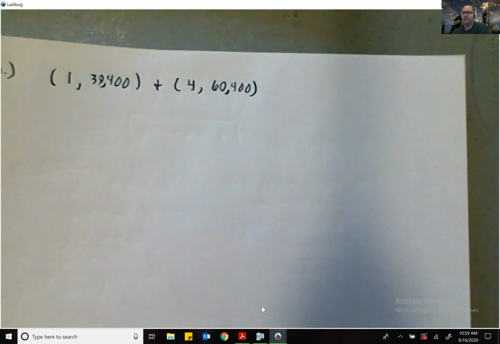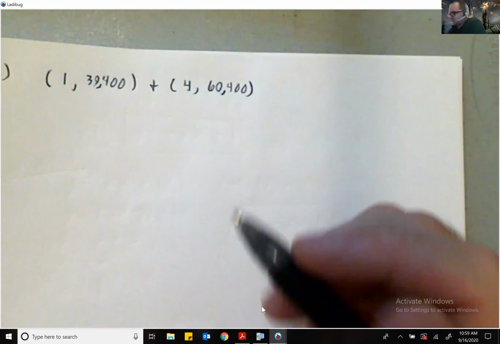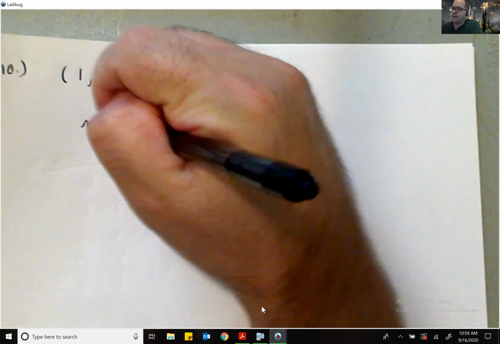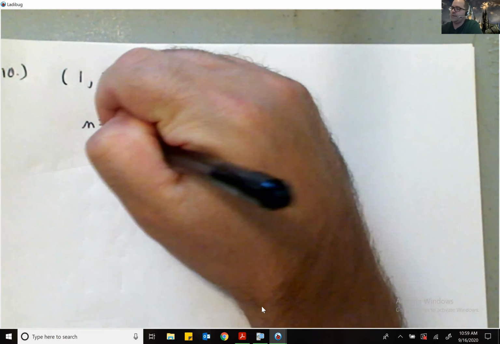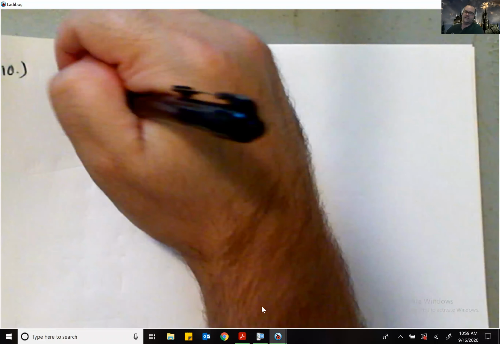We know how to do that. We did that back in problem 8. So what do we have to find first? The slope. So we're going to do y2 minus y1 all over x2 minus x1. So this is x what, y what?